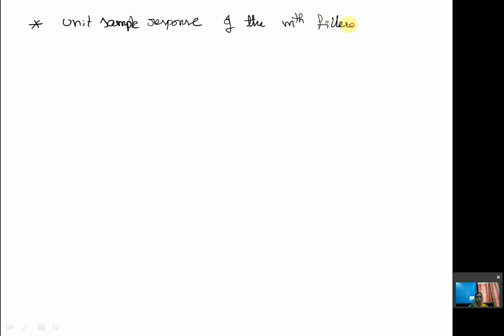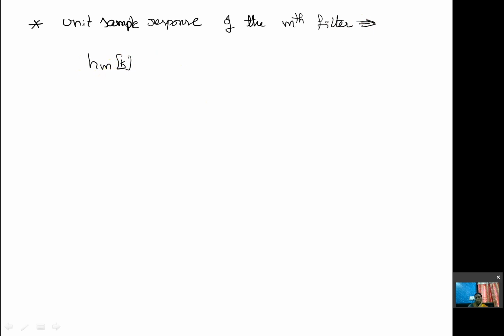That means here m means filter order. The mth filter response is represented as hm of k. So here the system function is hm of z, where m is the order of the filter.